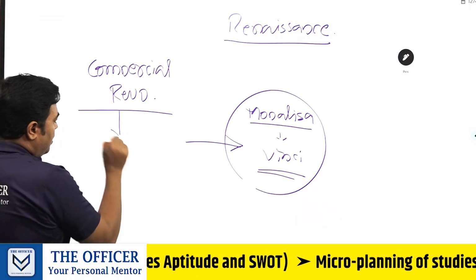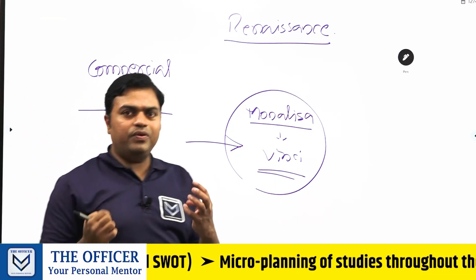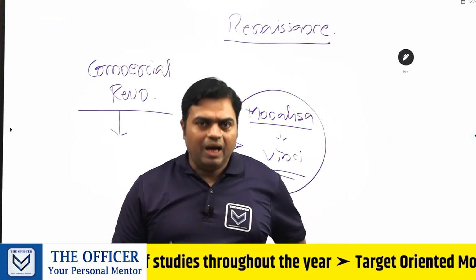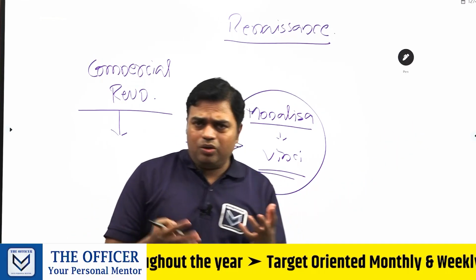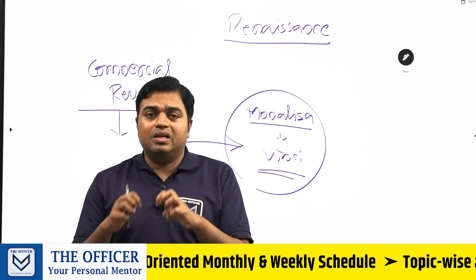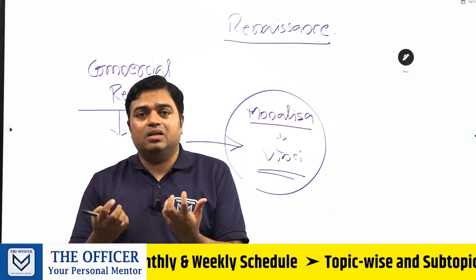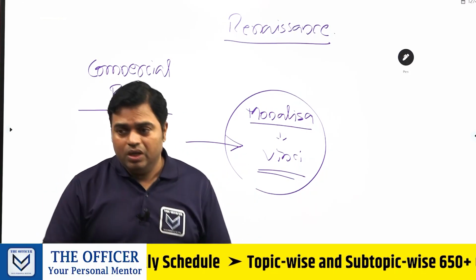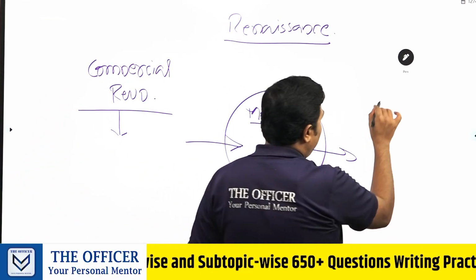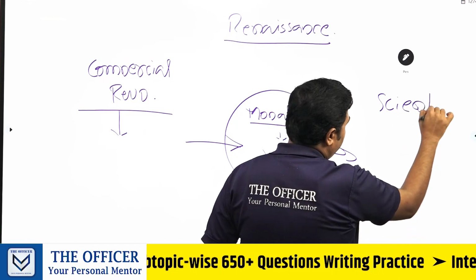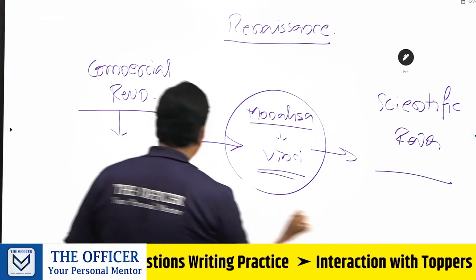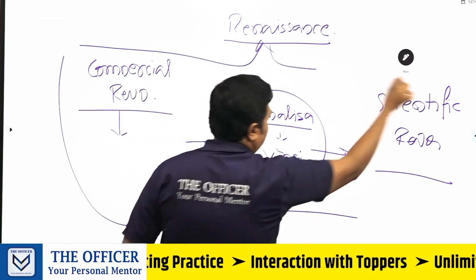So first of all, the commercial revolution created a very favorable background for the Renaissance. And then a lot of things happened during the Renaissance time, and the Renaissance was characterized by the scientific revolution also. So from the commercial revolution to the scientific revolution, all of this happened during this time, and this collectively gets called the Renaissance time.